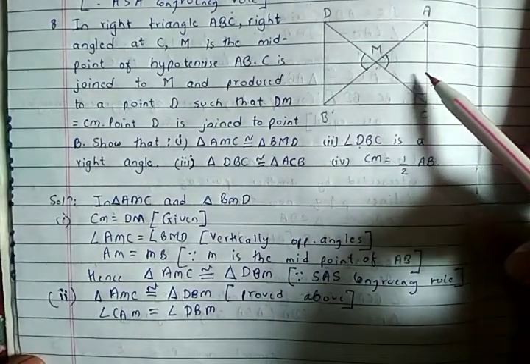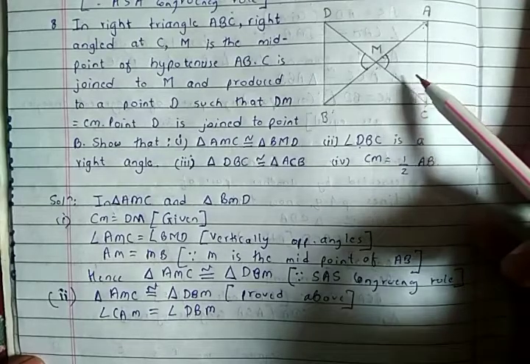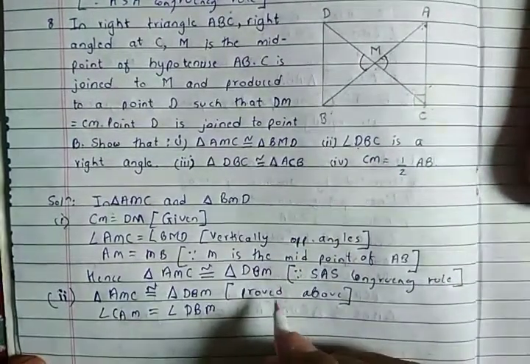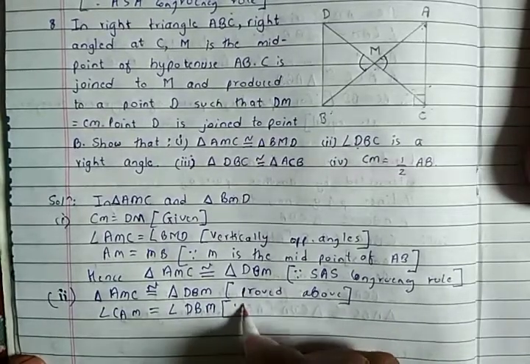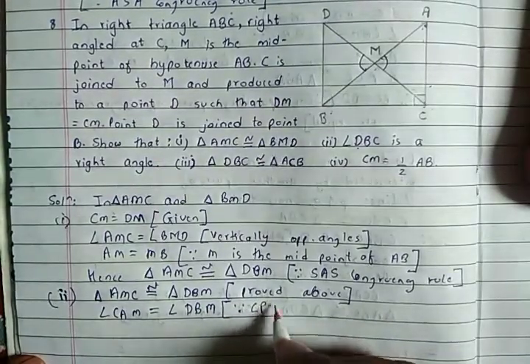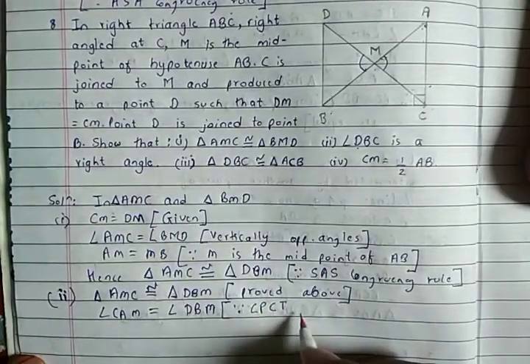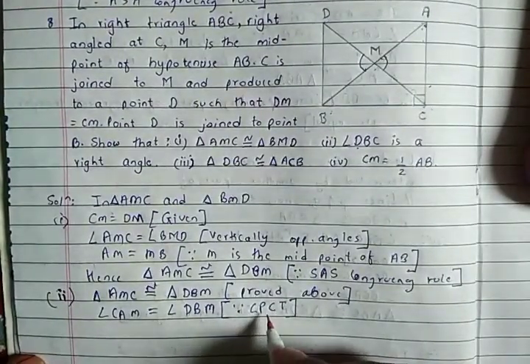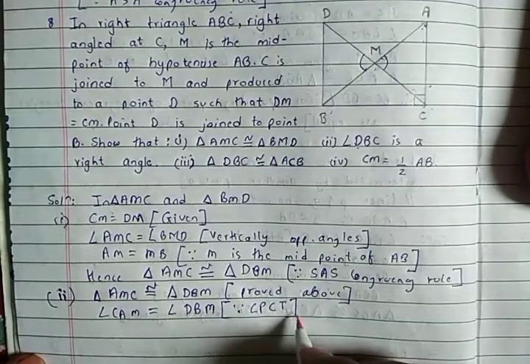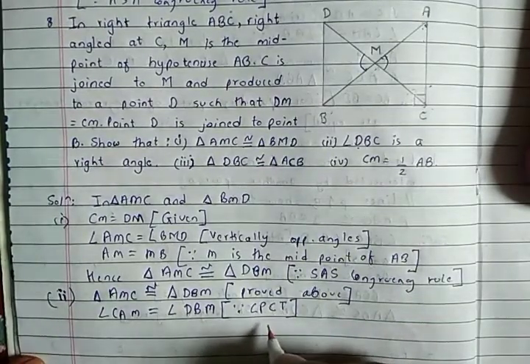You know that, right? So we'll make a note of it. You can write down CPCT. No need to write corresponding parts of congruent triangles whole. You can use this short form.